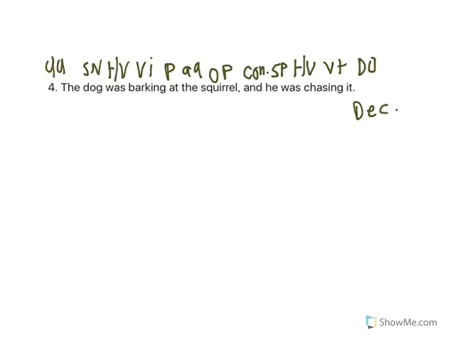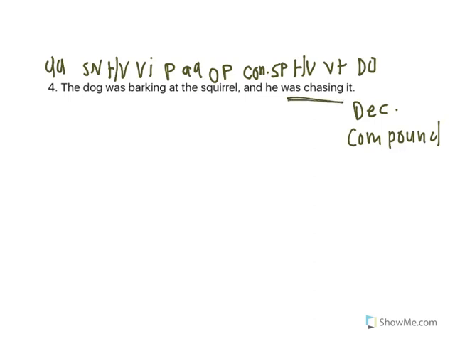Well, a compound sentence has two independent clauses joined by a coordinating conjunction and a comma. Here's one independent clause. The dog was barking at the squirrel. This, he was chasing it, is another independent clause, and it's joined by a coordinating conjunction and a comma. So this sentence is different from the last sentence because the last sentence simply said, and was chasing it.